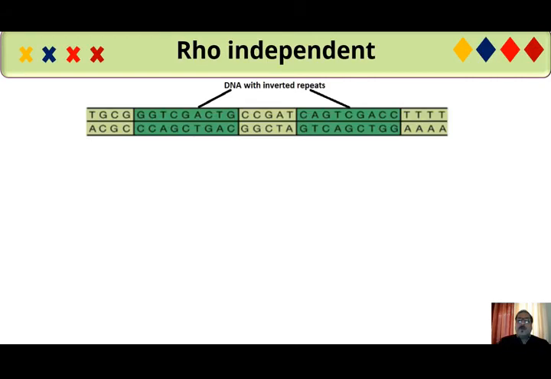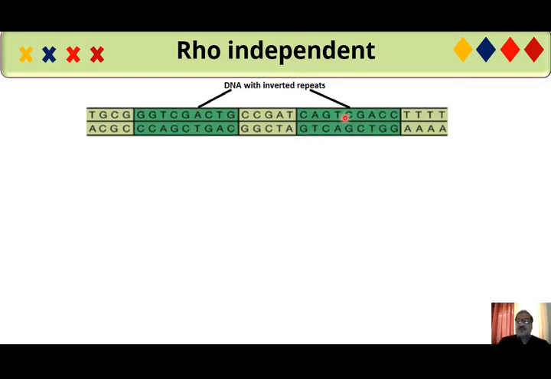In the rho independent termination, the transcription is terminated due to specific sequences in the terminator DNA. The terminator DNA contains inverted repeats, which cause complementary pairing. Now here you can see these are the inverted repeats. Here we have GGTCGACTG and its inverted repeat is here GGTCGACTG.